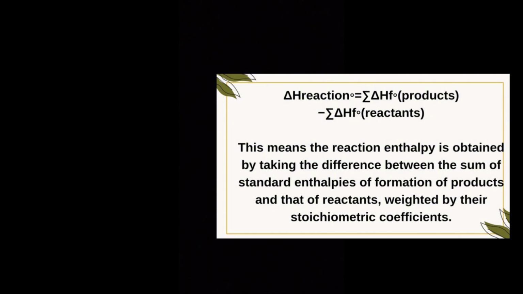This means the reaction enthalpy is obtained by taking the difference between the sum of standard enthalpies of formation of products and that of reactants, weighted by their stoichiometric coefficients.